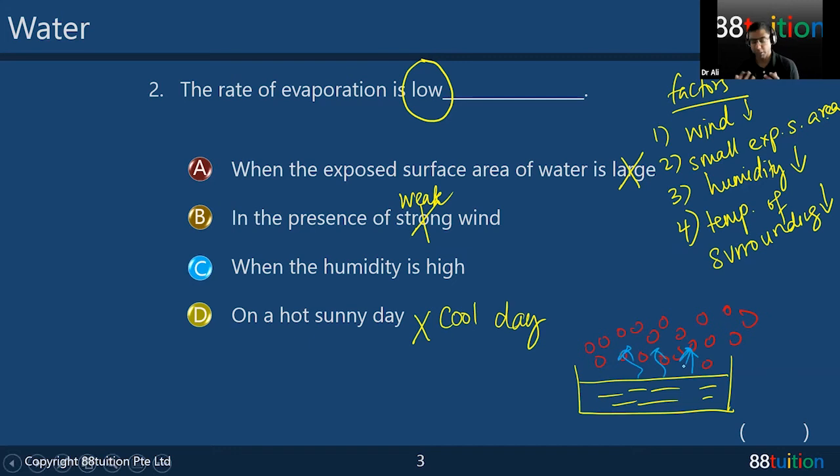So there's no space for it to evaporate into that area. So that's when we get the wind to come and assist to move these water vapor molecules away so that evaporation can occur better. So therefore, when they mean C, when the humidity is high, it refers to this situation where the water molecules are blocking. So what happens is evaporation rate is low. Can you guys see that? So answer is C.